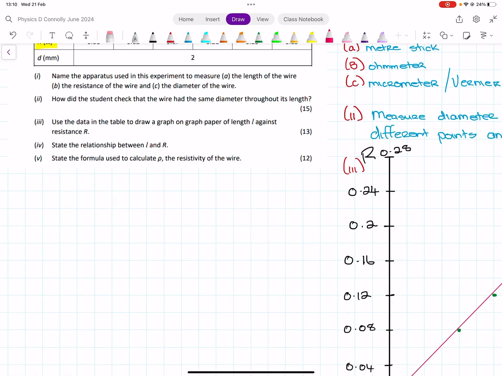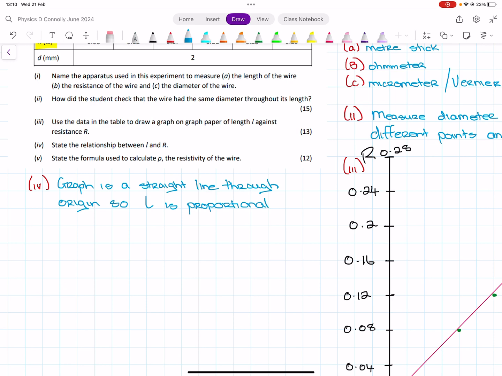So I draw my line. State the relationship between L and R. So this is part 4. The graph is a straight line through the origin, so length is proportional to resistance.